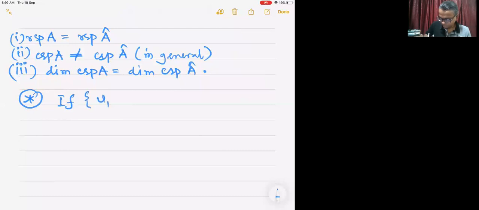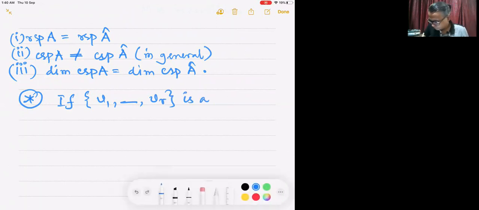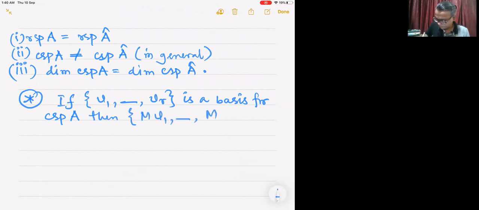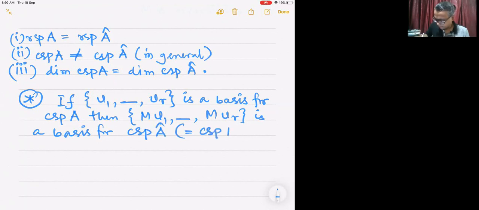And the reason for that was the claim that if V1 up to Vr is a basis for the column span of A, then MV1 up to MVr is a basis for the column span of A hat, which is of course equal to the column span of MA.